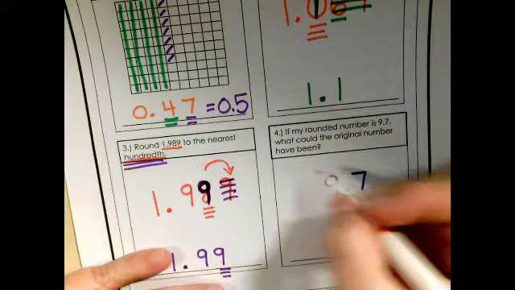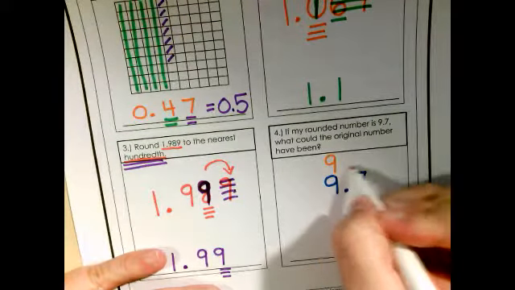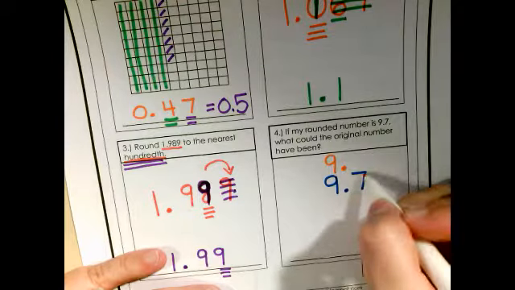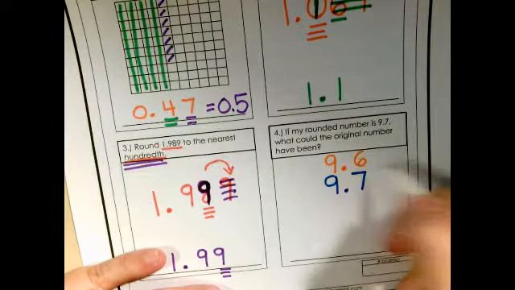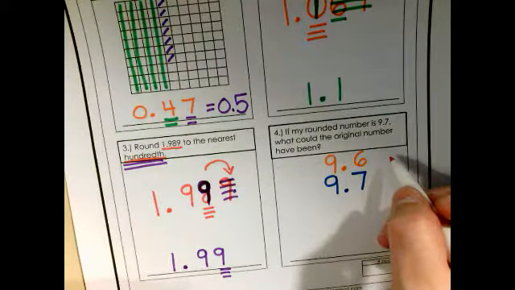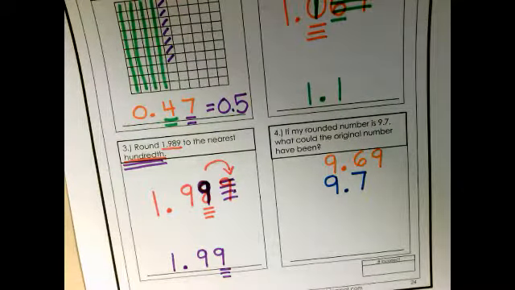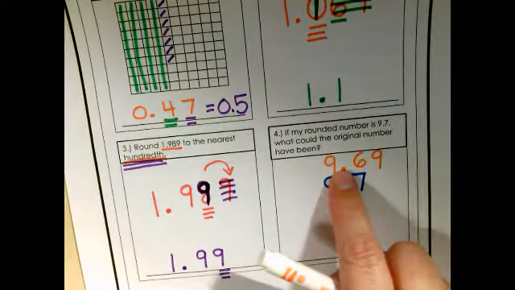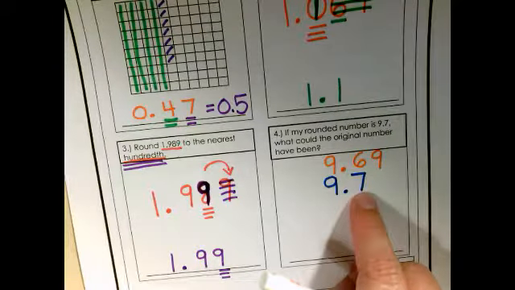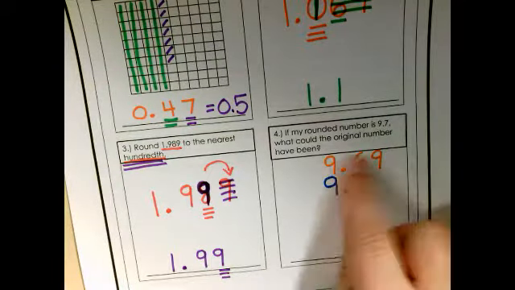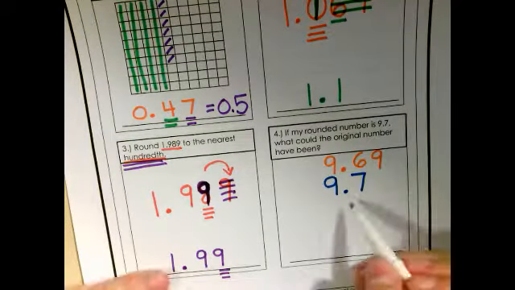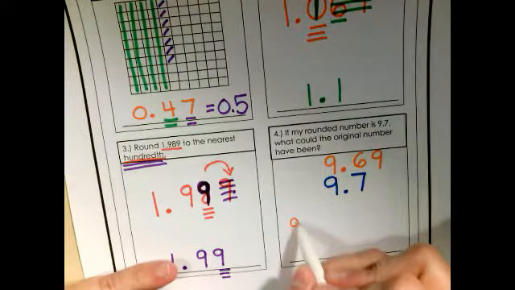If I went down just one place value and I made this 9 and let's say 69 hundredths, would that round to 9 and 7/10? Yes, it would. There's a lot of things that could round, so you could have lots of different answers here.